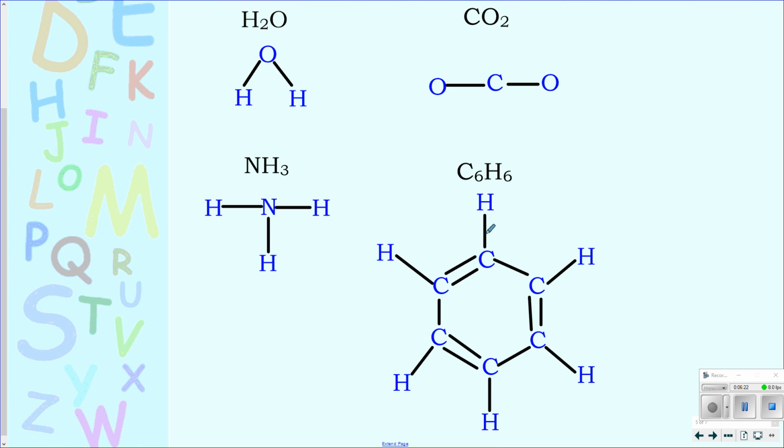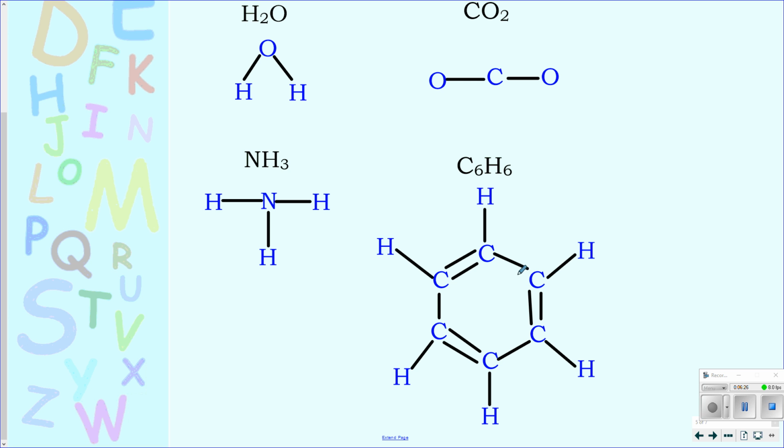And then we have benzene, C6H6. This is an organic compound. This is what we refer to as a ring structure. All of your carbon are connected together, and they're alternating double, single, double, single, double, single bonds with the hydrogen on the outside.